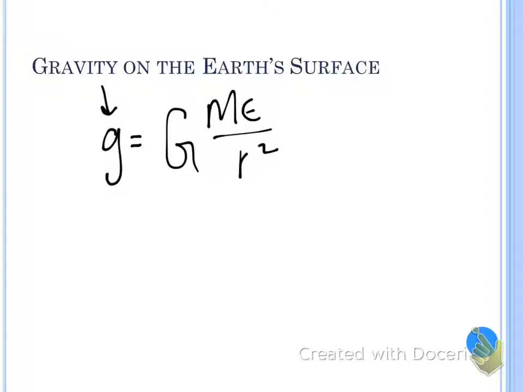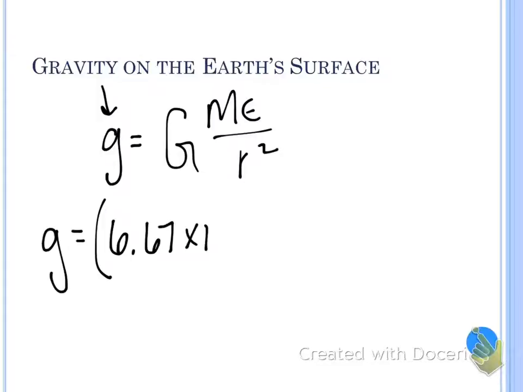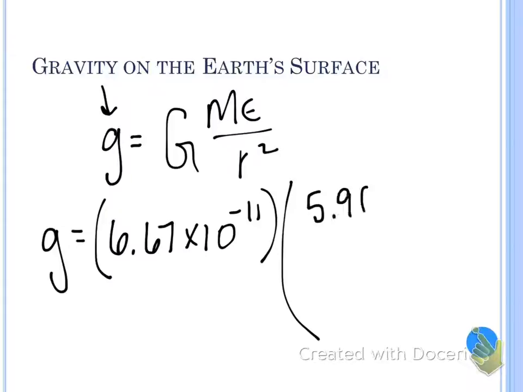Okay, so go ahead and get your calculators out if you don't have those already. So I want you to plug this in. Big G is equal to... Perfect. 6.67 times 10 to the negative 11th. The mass of the Earth is 5.98 times 10 to the 24th.